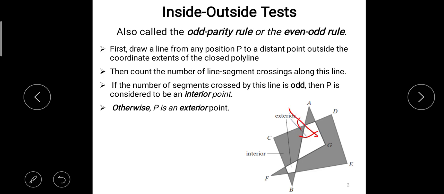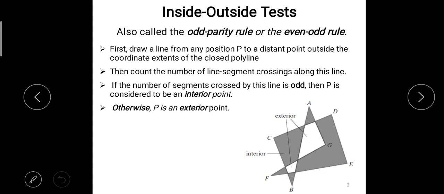So there are two crossing edges for the line that we have drawn from a position P. The algorithm says that if the number of segments crossed by this line is odd, then P is considered to be an interior point.